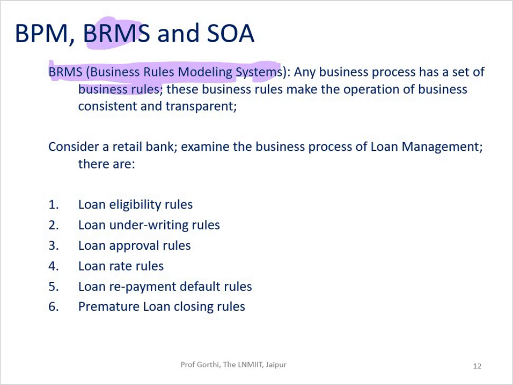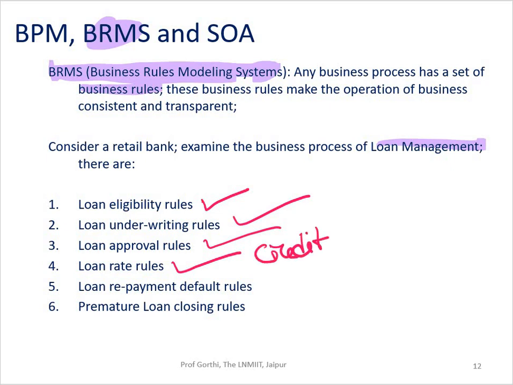Now let's examine the business process of loan management. So some of the rules are like the loan eligibility rule, which we were talking about previously, loan underwriting rules, loan approval rules, loan rate rules based on my credit ranking.